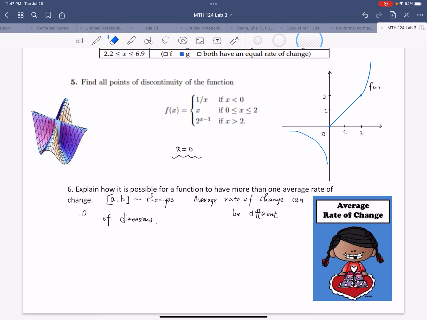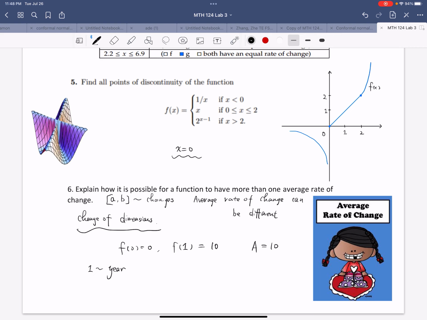Another possibility is that you change the dimensions, right? If you have a function f, like f(0) equals 0 and f(1) equals 10, then from 0 to 1 the average rate of change is 10, right? But let's say the variable is in years, so 1 has the dimension of year. Let's change the dimension from years to months.